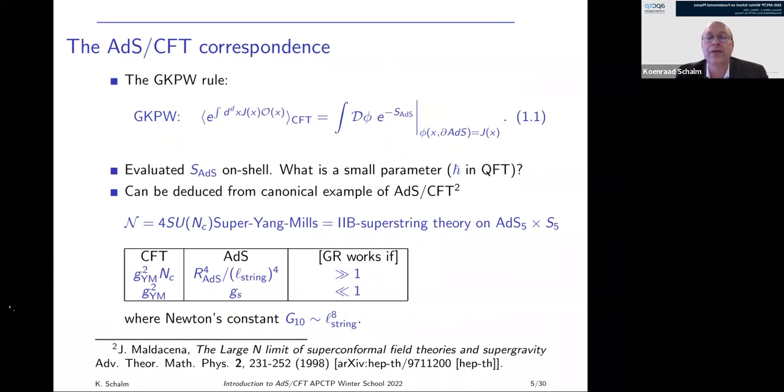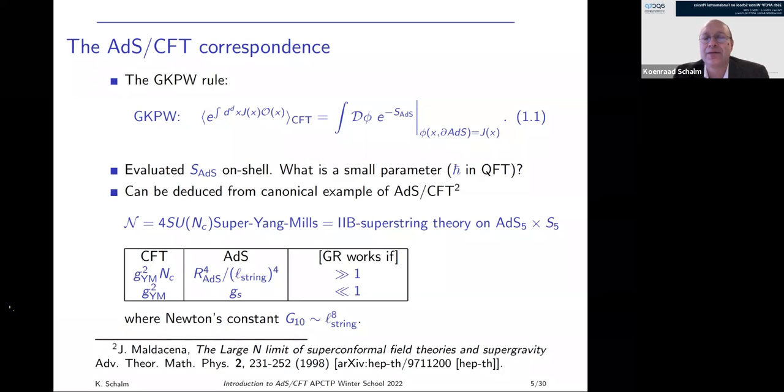But you can ask the following philosophical question. Suppose this g squared Yang-Mills N_c is not very, very large, but it's large but a finite number. What does the gravity side then look like?